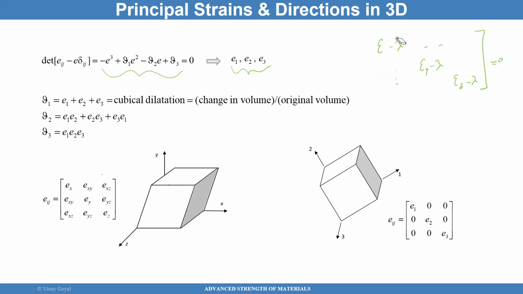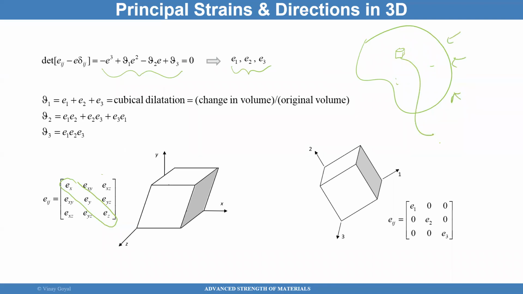Something very cool happens if you add the diagonal terms. It doesn't matter in what coordinate system, if you add these 3 terms, that tells you how much the volume of the volume element changed. So if I have a body of material that has not been deformed, and I take a little cube, now I apply loads everywhere, but I take the same cube.